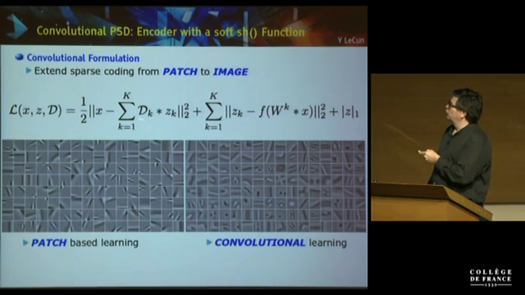Then there's a second term, which is the reconstruction error. Here's the input and the reconstruction going through convolutional filters, which may be different, but this is what we use for reconstruction. And then we have a sparse term.